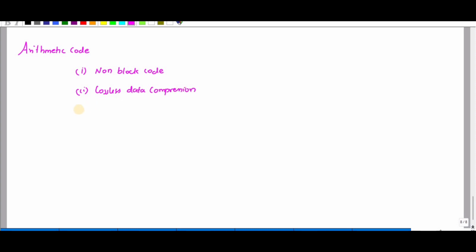Here the entire string is converted to a single code word. Okay, so let us see with the help of a problem how it has been done.